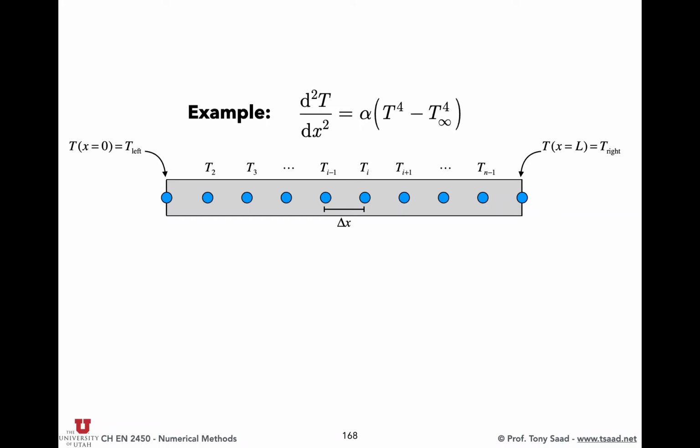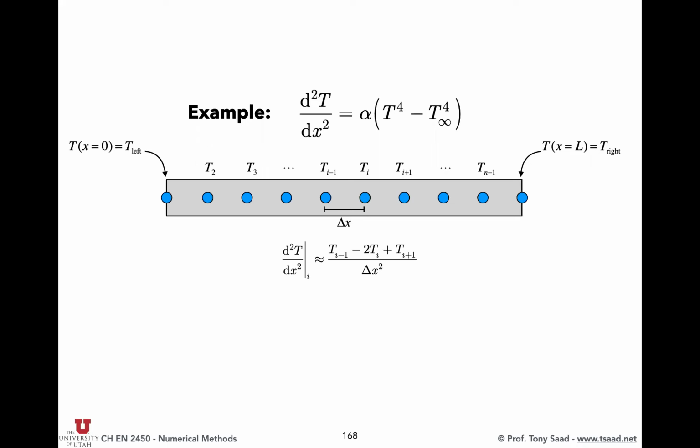So if I'm understanding correctly, it'd be T i minus 1 minus 2 T i plus T i plus 1 over delta x squared, right?